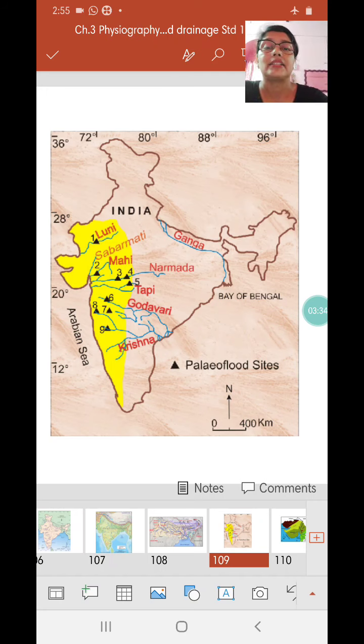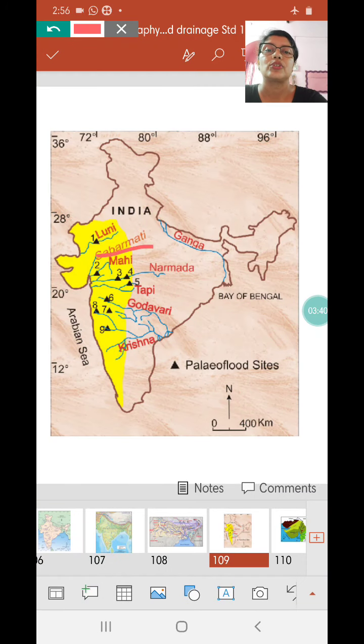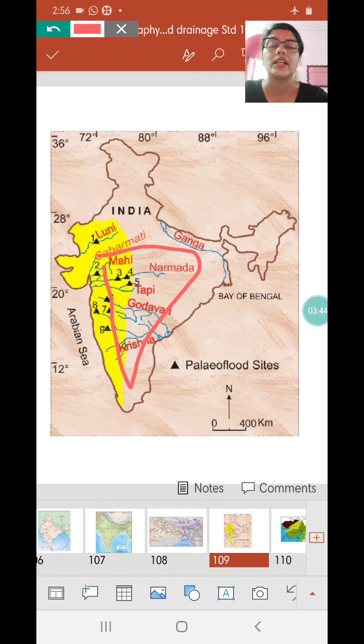But now we come to the major plateau, the peninsular plateau as such. So we'll cover this much of area. We know that the plateau is sloping eastward because look at major rivers. Most of these rivers, Godavari, Krishna, Kaveri, they are all flowing eastward, and therefore we can understand that the plateau is sloping eastward.